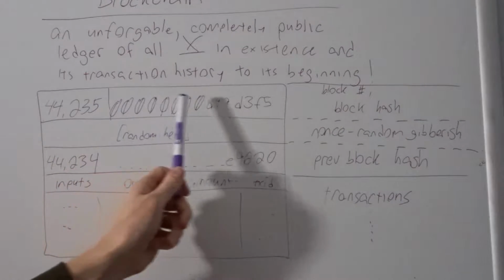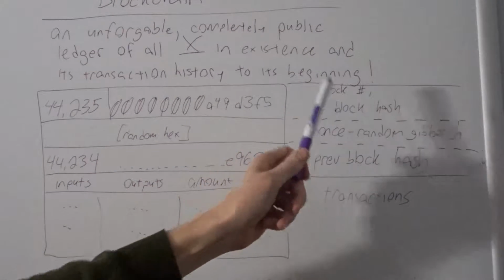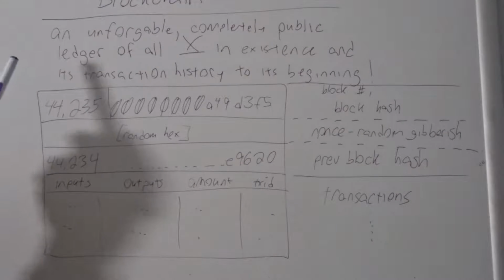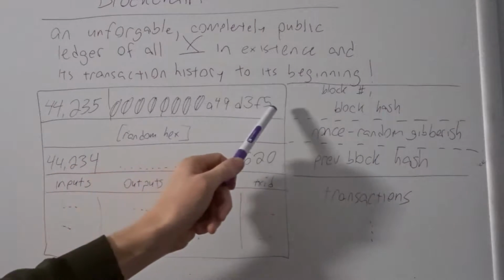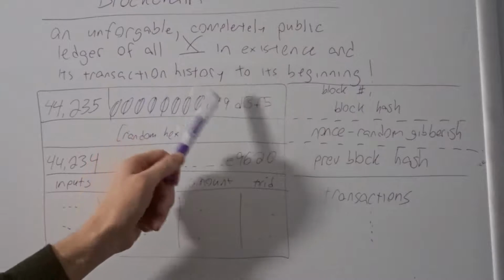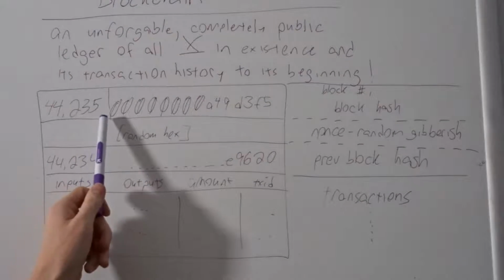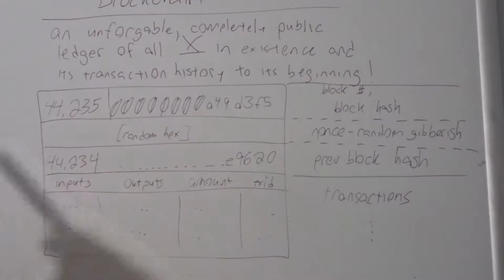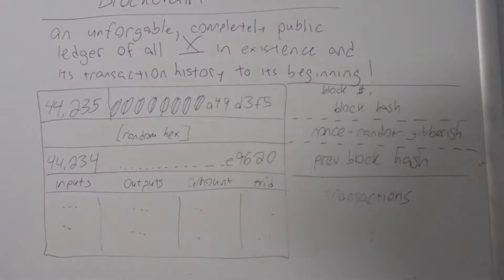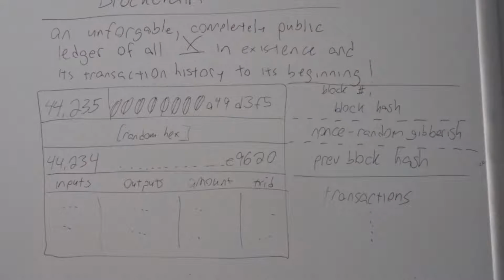So this is what gives it the unforgeable property, is that every piece of information is accounted for in this hash, and any change will break the hash. One of the jobs of a Bitcoin node is to receive a block like this, compute the hash of the entire block, and make sure that it is exactly what's in the block. So that's how you know that what you're getting is completely valid.